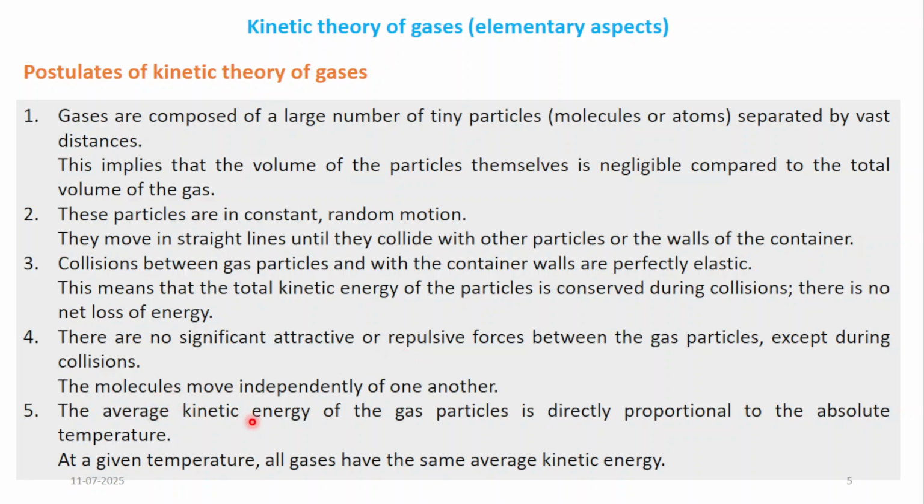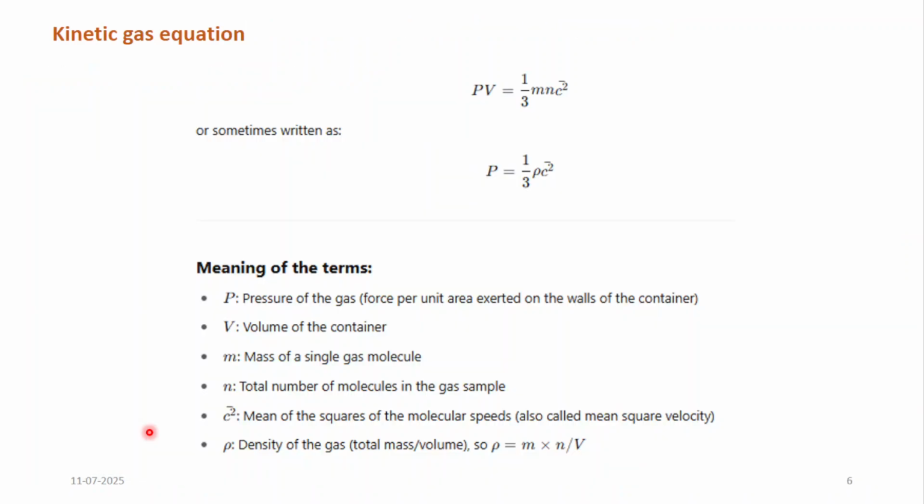So the average kinetic energy of the gas particles is proportional to temperature. This I have shown you in the animation, that kinetic energy as well as the speed increases with increase in temperature.